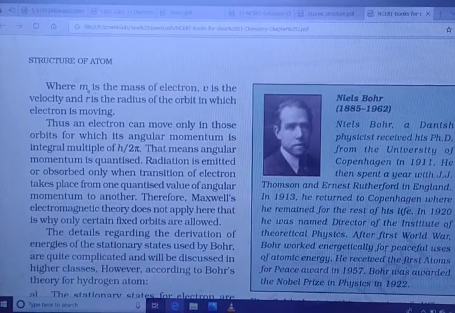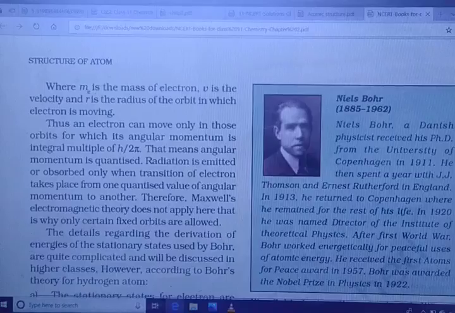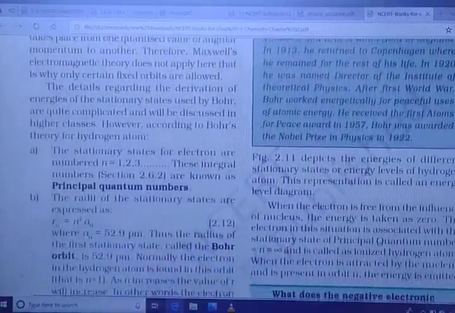If anybody asks you why certain fixed orbits are allowed, you can say that the electron can move only in those orbits for which the angular momentum is an integral multiple of h upon 2 pi. Got it?